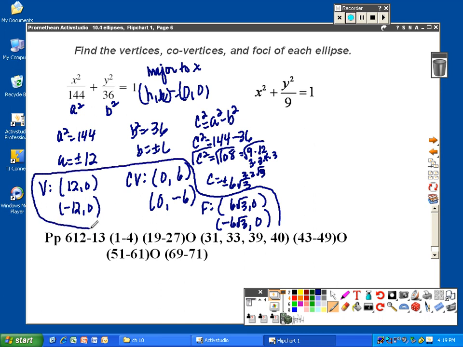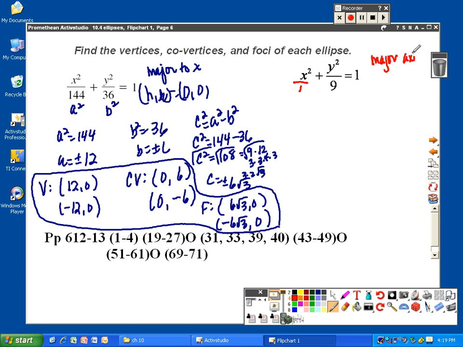Okay, you try the next one. First of all, I'm going to put this over 1. Major axis is y. A squared is 9, b squared is 1. So a is plus or minus 3, b is plus or minus 1.